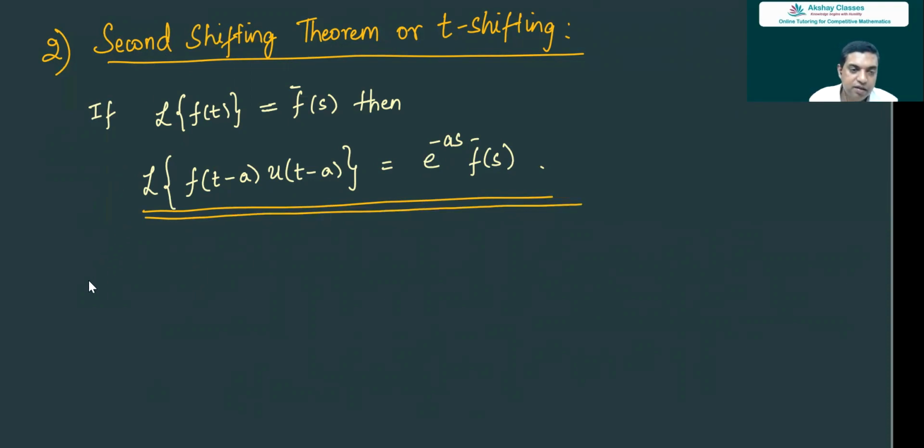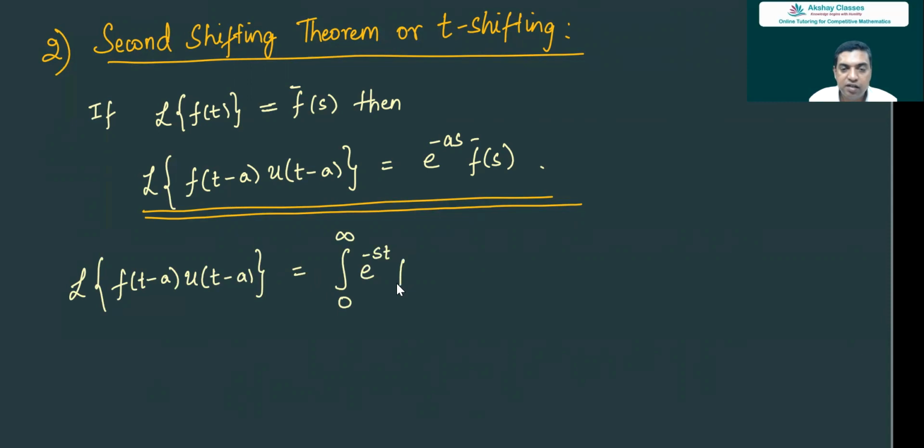So let us start. Laplace transform of f of t minus a times unit step function is integral 0 to infinity e power minus st into f of t minus a into unit step function u of t minus a. Now we have to split into two, 0 to a.